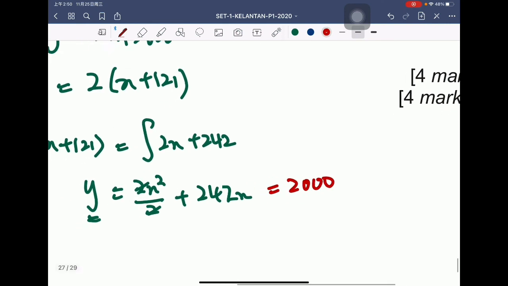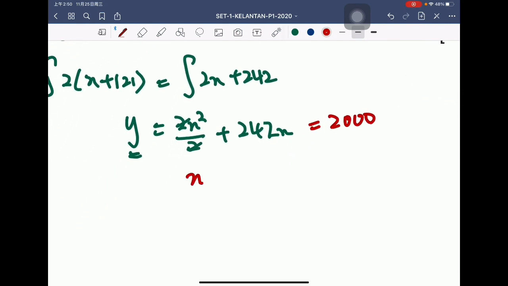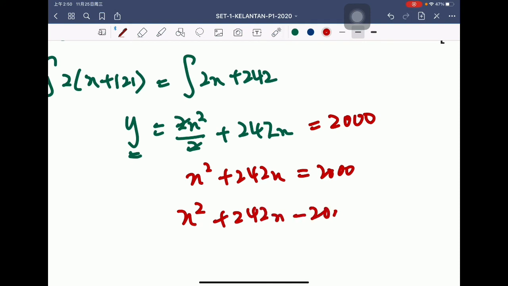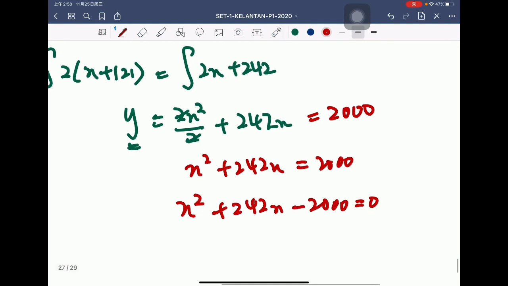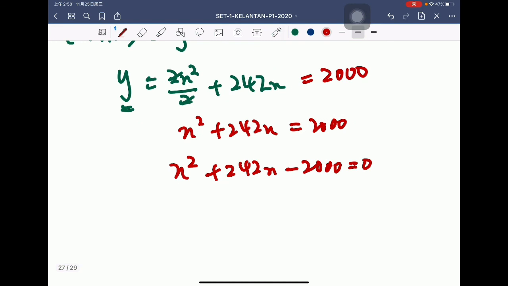So since y equals 2,000, can we find the value of x already? So x squared plus 242x equals 2,000. So x squared plus 242x minus 2,000 equals 0. You can use the calculator, and then you will get (x minus 8)(x plus 250) equals 0.